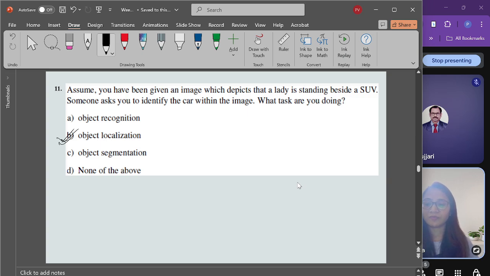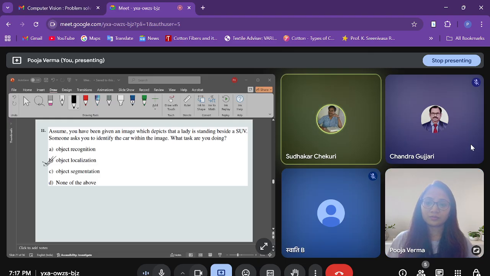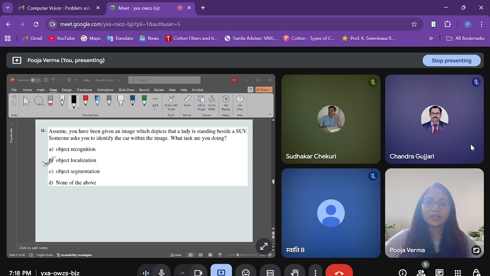You can say that if we are able to find out the car with a less robust method or technique, so why are we going to a very hard one? Madam, is there a chance for both answers to be correct? See, if they are asking about just segmentation, that question will be a little bit different.